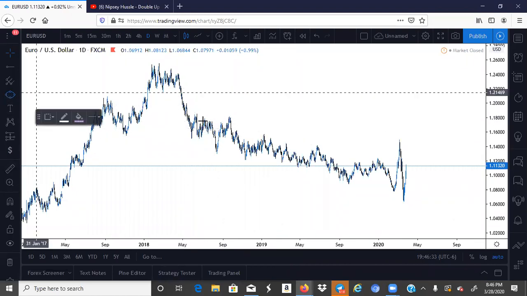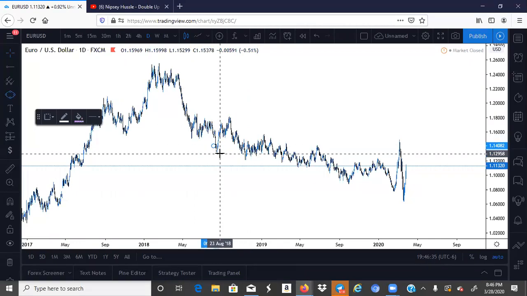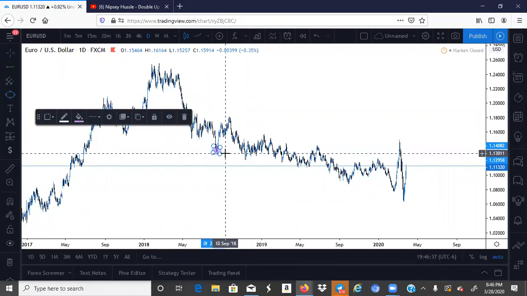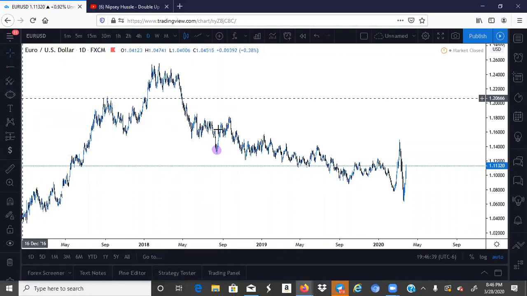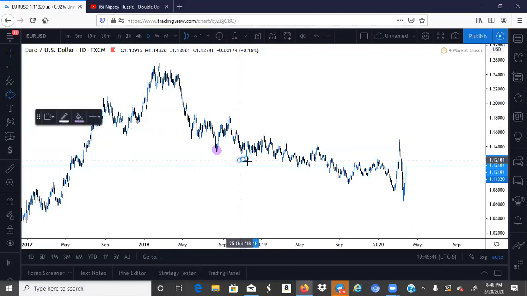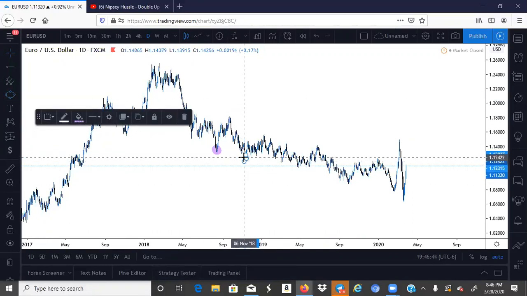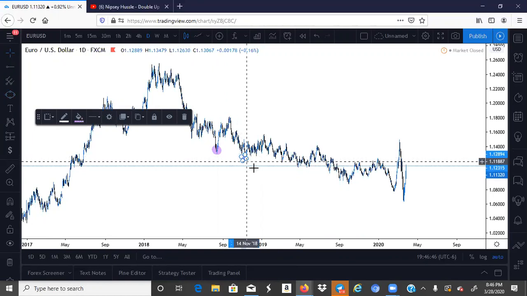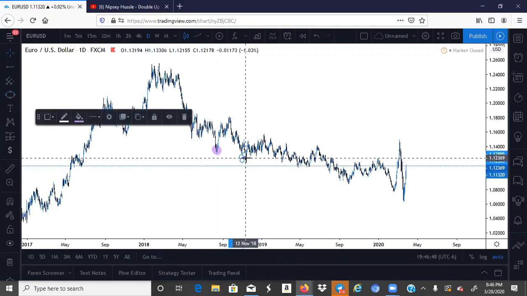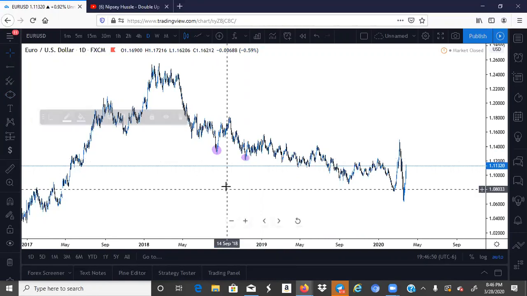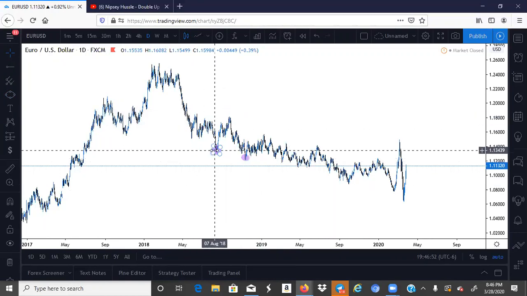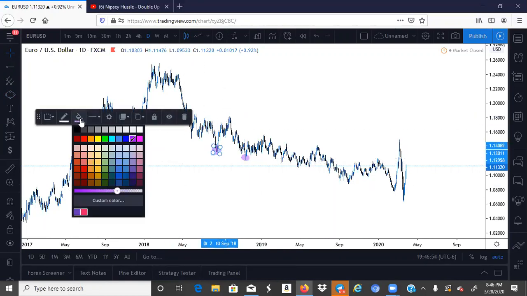Why? Here's why. This low is a lower low. This low is lower than the most previous low. I'm gonna change the color just so it can be a better visual.